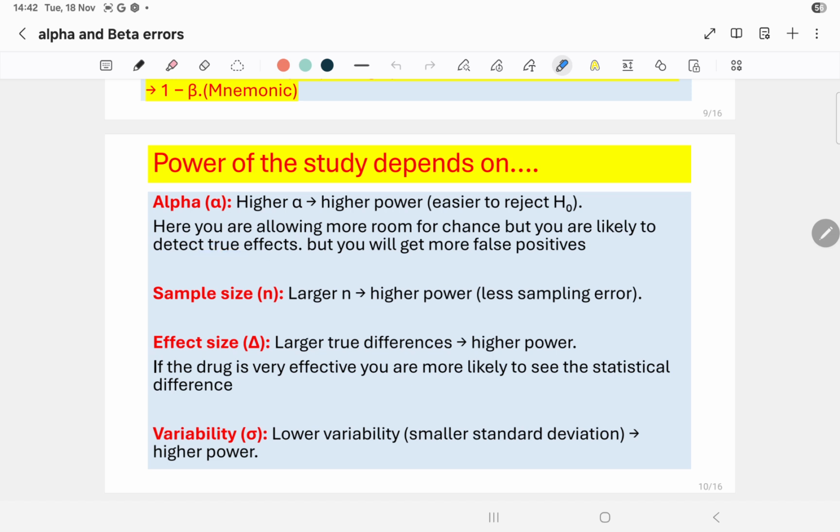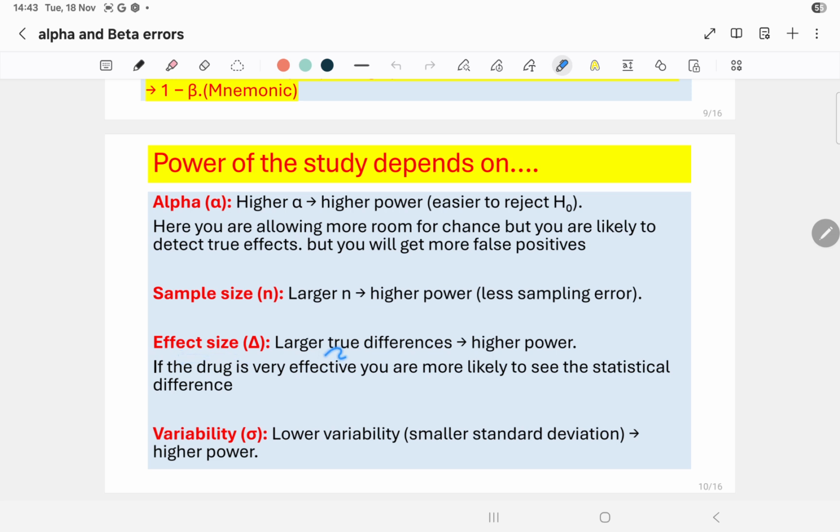Basically it is saying the same thing. So higher alpha means higher power. You are allowing more room for chance, so you can see the effects easily, even though you have some false positives. Higher alpha will give the study power. Then, more sample size: the more people you study, the more chances you will see the effect.